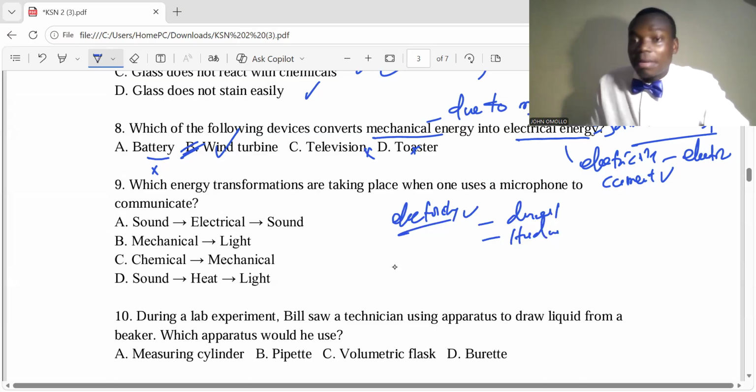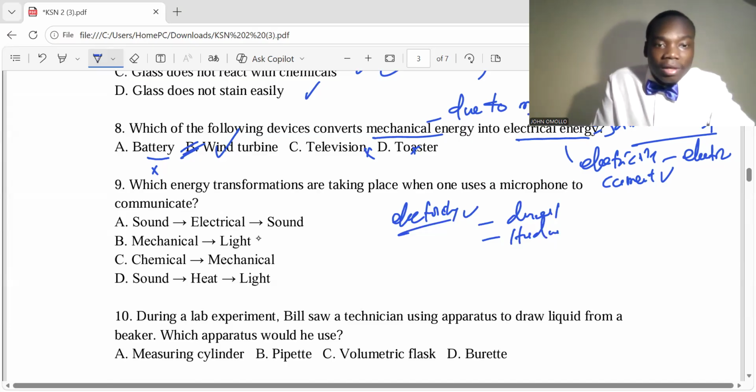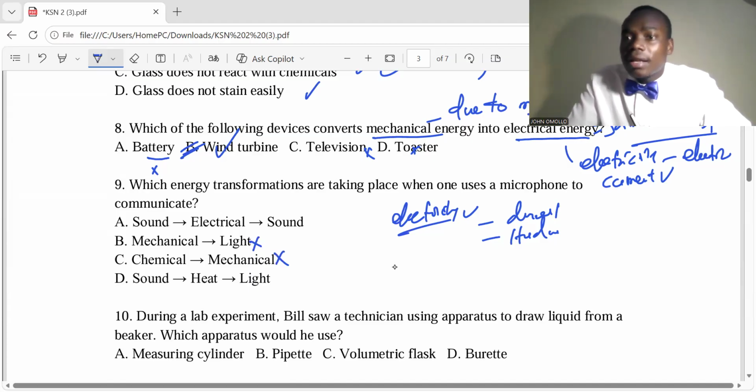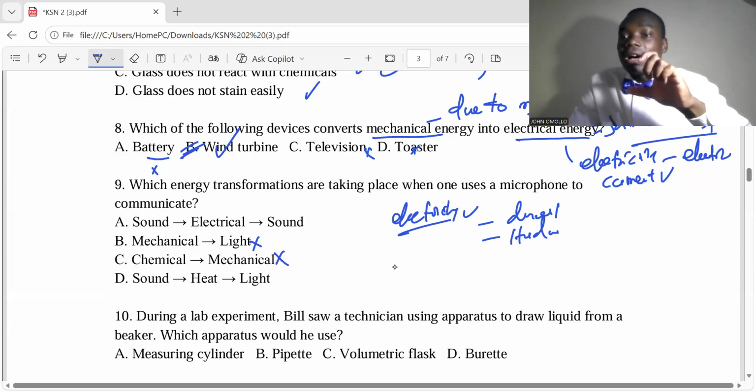Perhaps I could have a microphone this way. Let's take, for instance, my pen as the microphone. As I speak, the first thing I do is produce a sound. So it means that in our answer, we must have sound energy. Where we don't have sound energy, we put an X. Next, after we have communicated, there must be some electricity to transform our information.